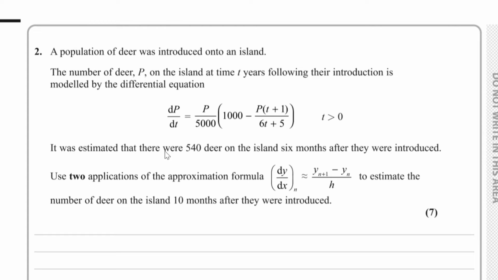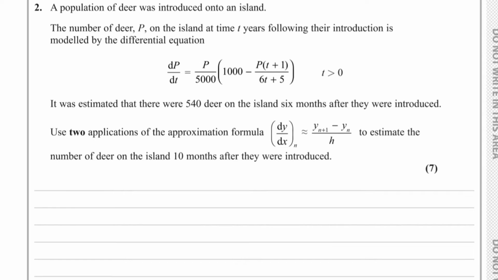It was estimated that there were 540 deer on the island 6 months after they were introduced. We have to use two applications of the approximation formula dy over dx at n being approximately equal to y n plus 1 subtract y n over h to estimate the number of deer on the island 10 months after they were introduced.